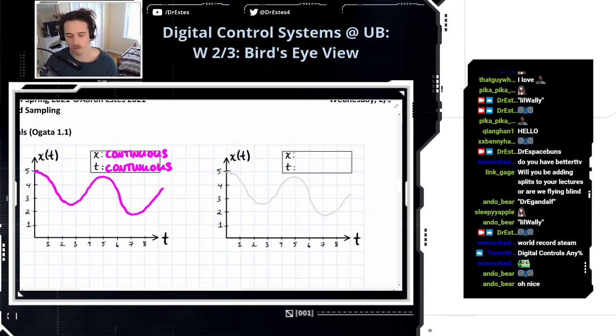Okay, so let's move over. Let's do one where t is continuous, the horizontal axis, but x is quantized. Let's assume that x can't take any quantity. It can only take an integer value between 1 and 5. So we're moving along continuously in time. And even if the x signal is deviating, we're always going to have to just throw the value in the bin that it's closest to.